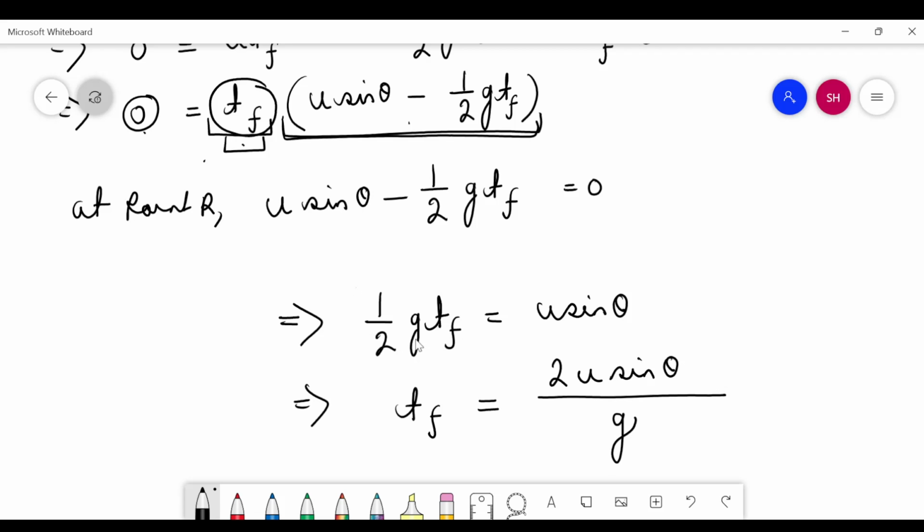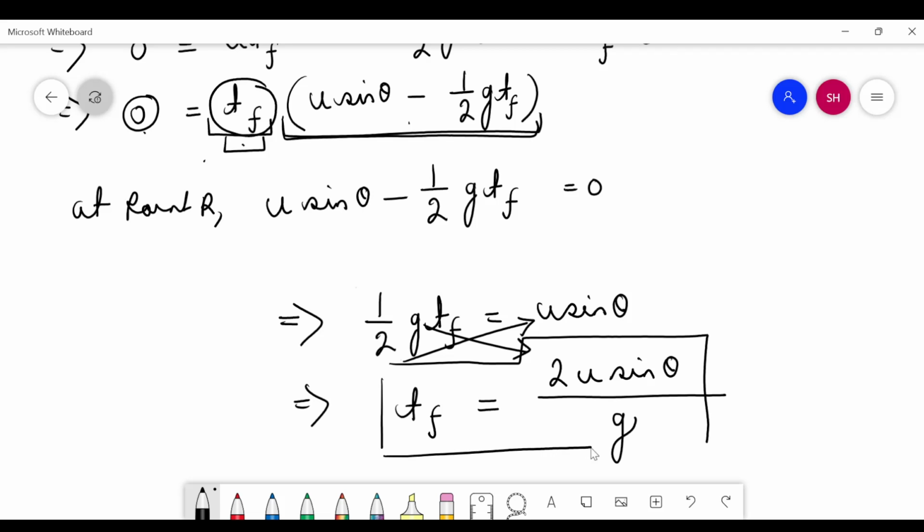We have just algebraically manipulated it. We transferred the 2 here and g here, and we have found the time of the flight to be 2u sine theta by g.